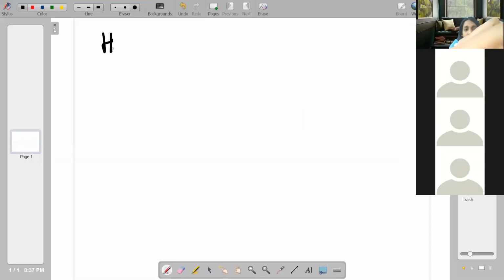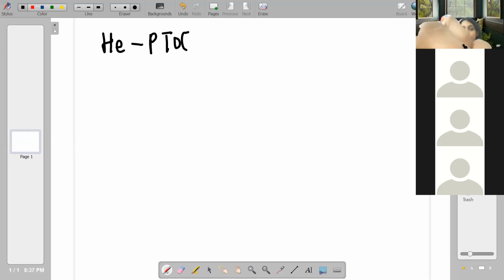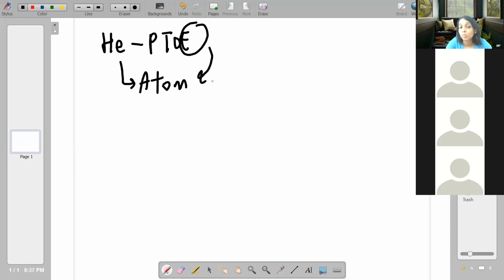So helium is in my periodic table of elements. If it is in my periodic table of elements, usually anything and everything there is an atom because it's an element. So element usually is one, helium. Usually, yeah?